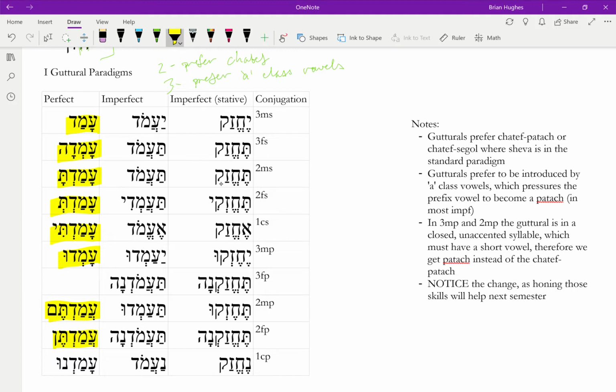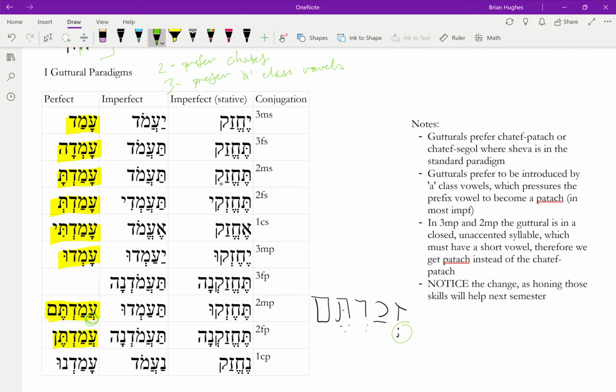Again, as I said, here in the second masculine plural, that's the one difference we see in these first guttural Qal perfect paradigms: we are normally asking the first root consonant to carry a vocal shava. We use zachar, for example, and normally we have zachartem, right?